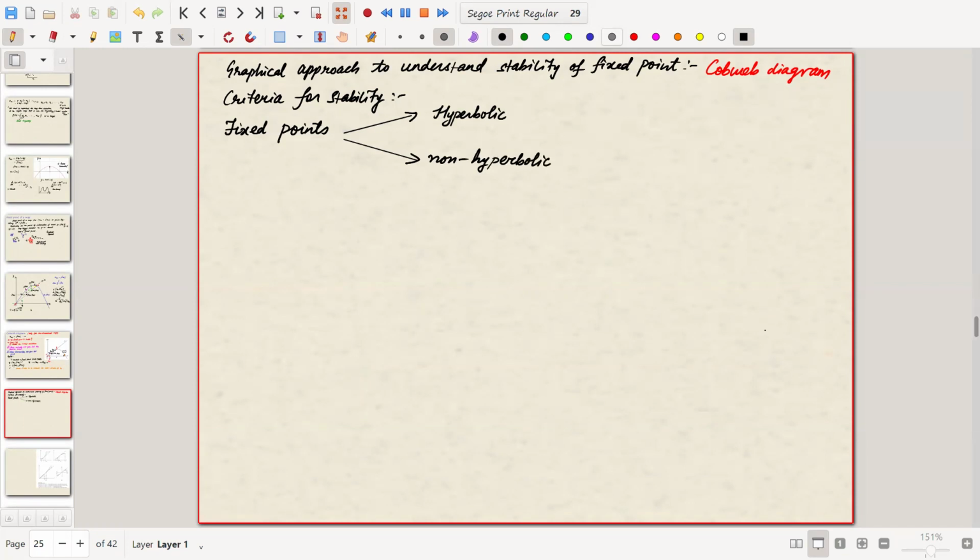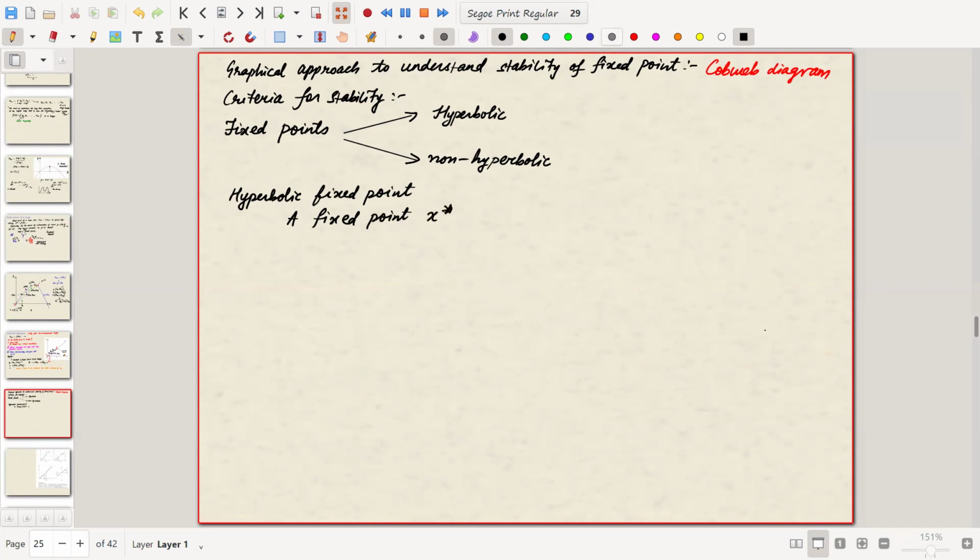What is a non-hyperbolic fixed point? What is a hyperbolic fixed point? First, we will cover what is a hyperbolic fixed point. So a fixed point, denoted by x star, since a fixed point is a special quantity.